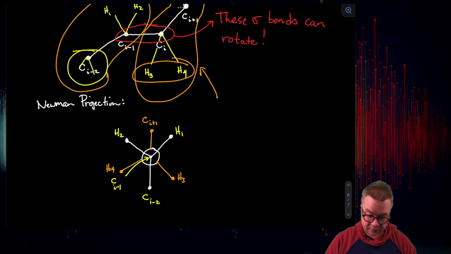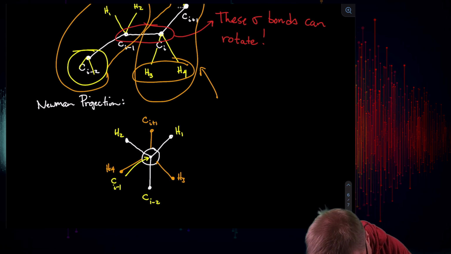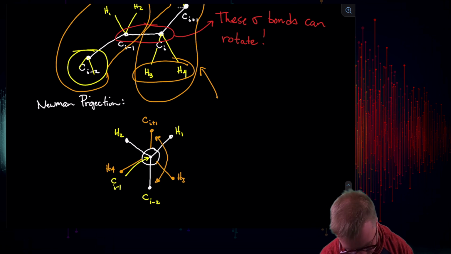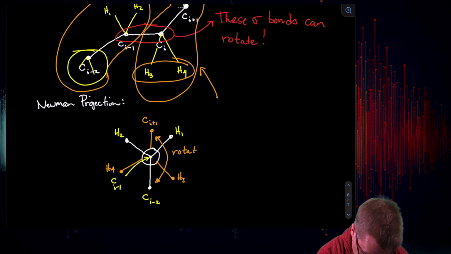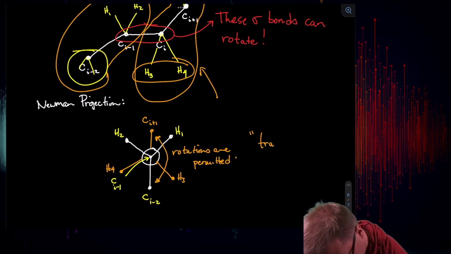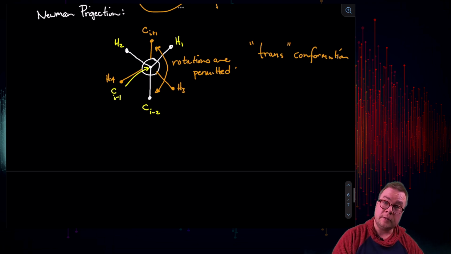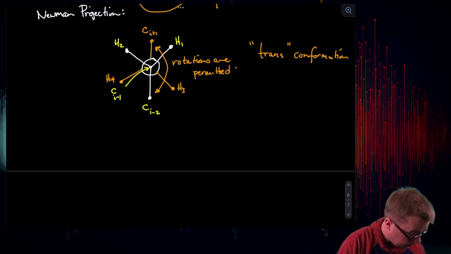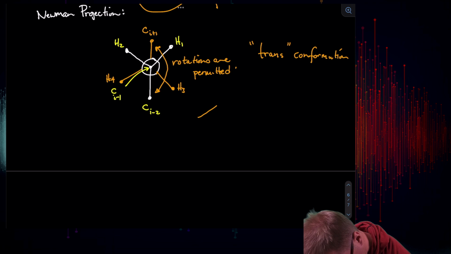And now what I'm saying in terms of rotation is that rotations of these atoms are permitted. Okay, so what I've drawn here is the trans conformation. All right, so in terms of this segment of the molecule, it kind of looks something like this.